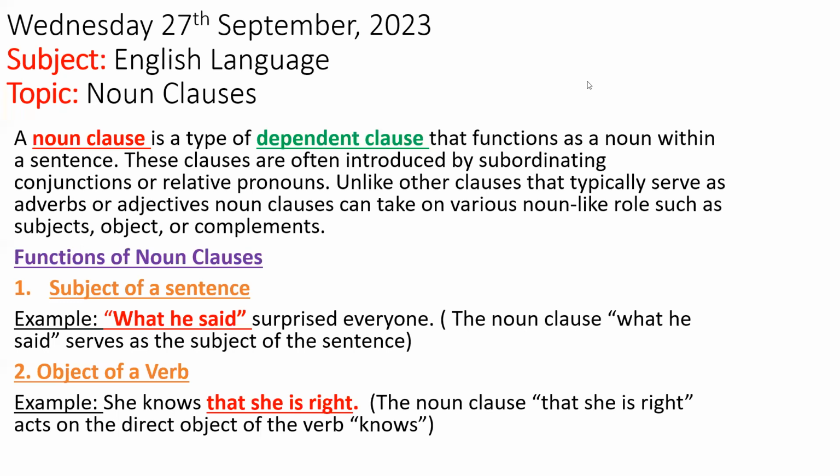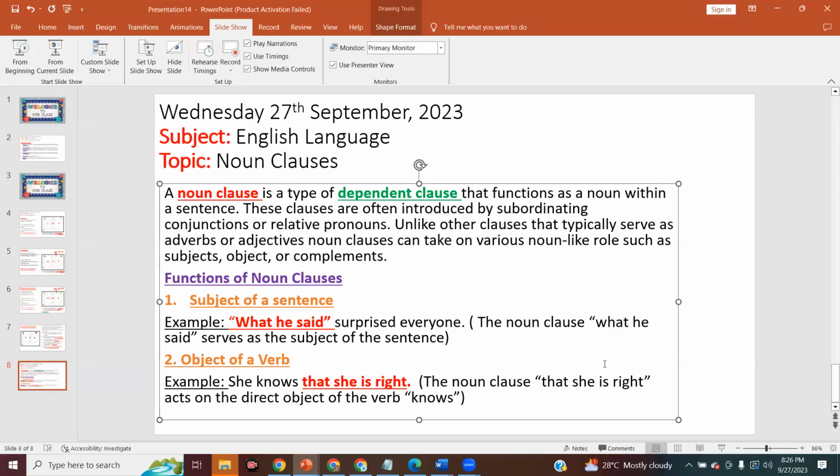If you're not done, I'm going to take a picture of it and put it inside the chat for you to have. All right. So what I'm going to do is put an example of a noun clause.